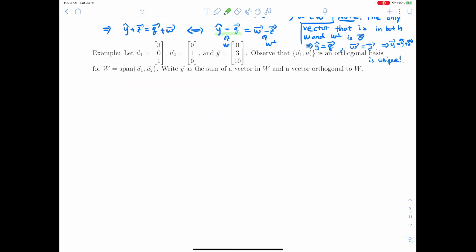So let us practice decomposing the given vector into two different orthogonal vectors. Let's pause the video and try out this example before I give you the solution.